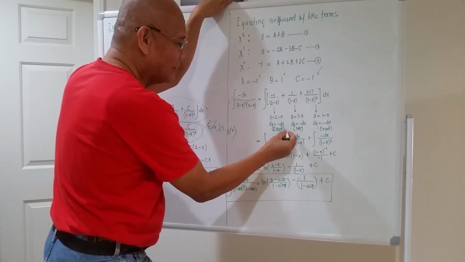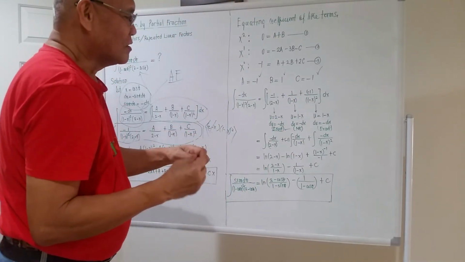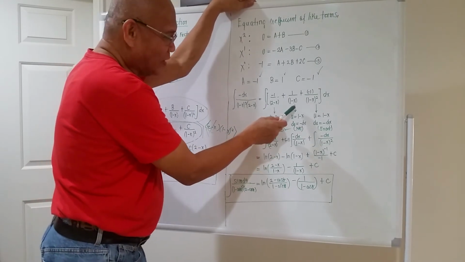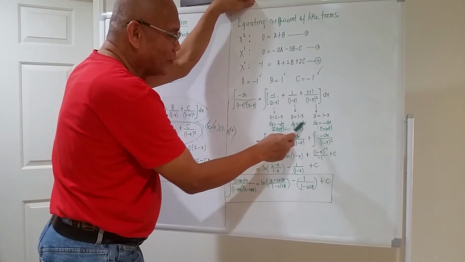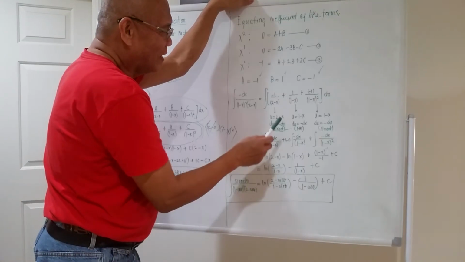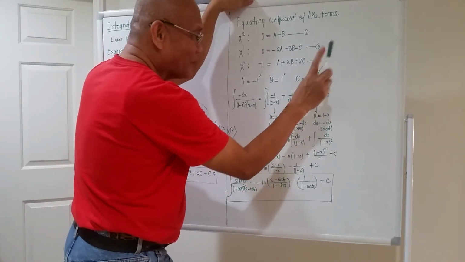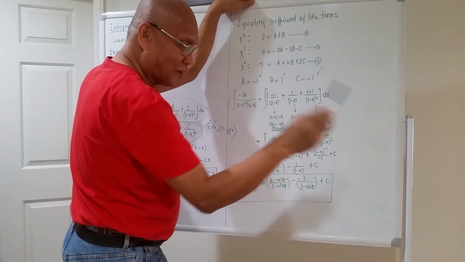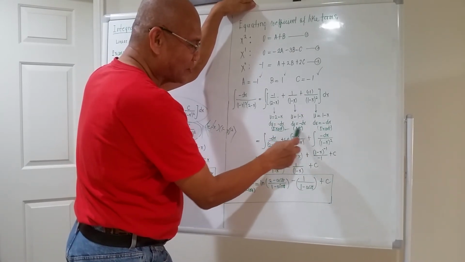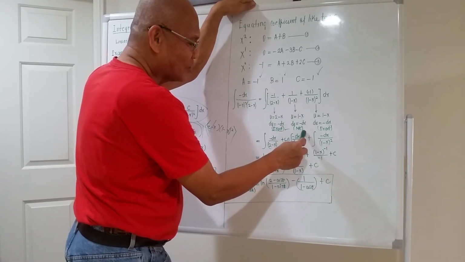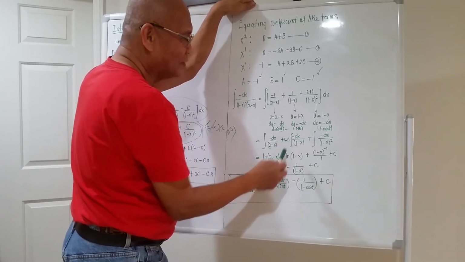Second one, another value of u: u is 1 minus x, du will be negative dx. 1 times dx is positive dx, but after the verification, du should be negative dx. So I put it here, not exact. So later on, we place a negative sign outside.